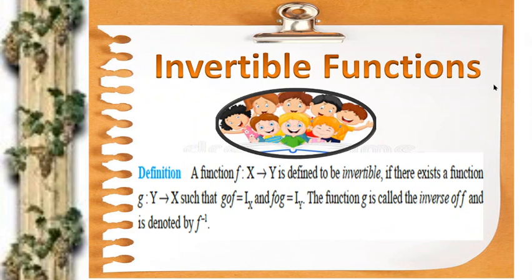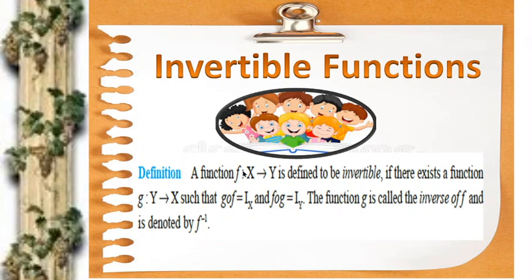Now let's understand what are invertible functions. A function f which is defined from x to y is defined to be invertible if there exists a function g which is defined from y to x such that gof is equal to the identity function of x and fog is equal to the identity function of y. The function g is called the inverse of f and we denote it as f raised to the power minus 1.